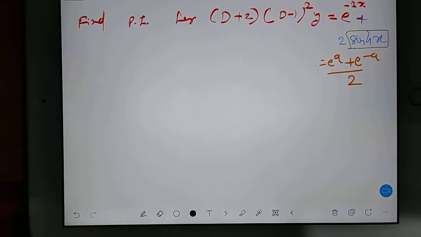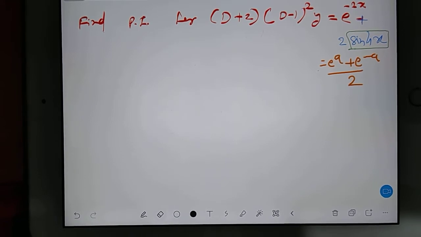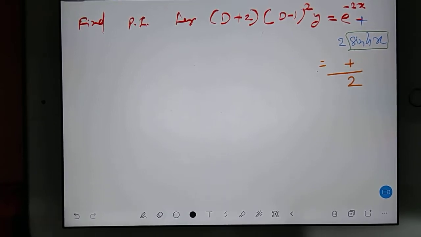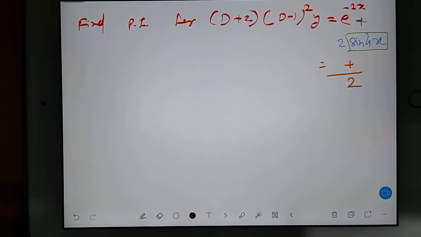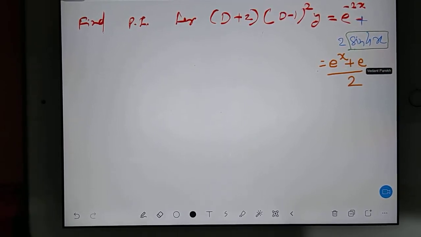Vedant, can you find one mistake you are making in the formula? One small mistake. Try to get the mistake. Okay, then you are making two mistakes. One thing, x should be there. Then one more mistake.